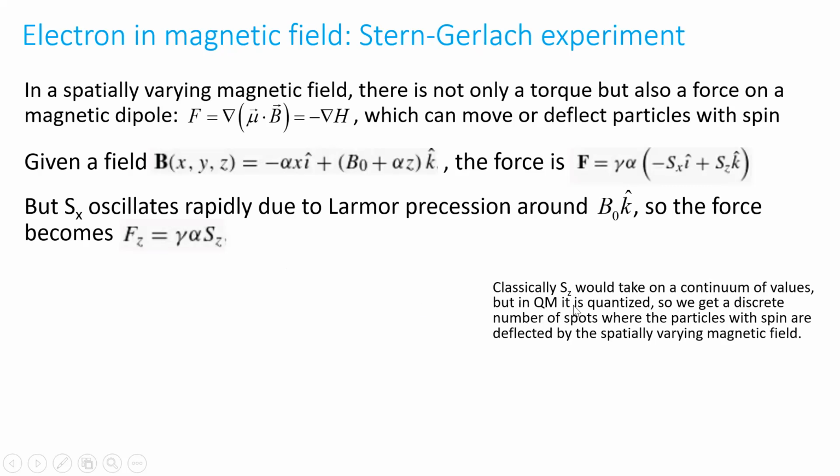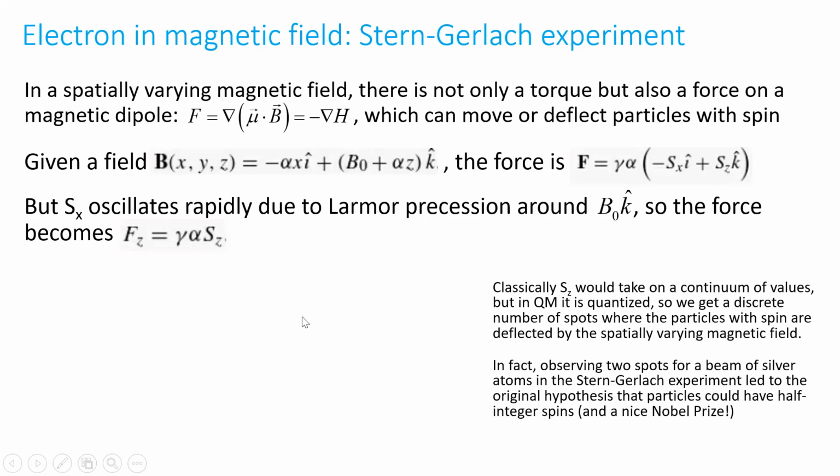But in quantum mechanics, this is quantized, so we get a discrete number of spots where the particles with spin are deflected by the spatially varying magnetic field, because SZ can only take on the values plus or minus h bar over 2. For a spin 1/2 system, it can only take on 2 values.